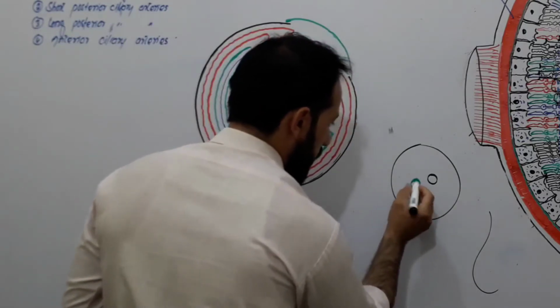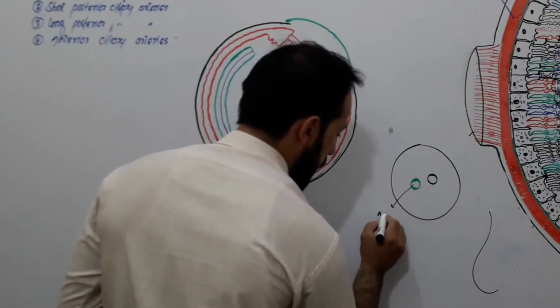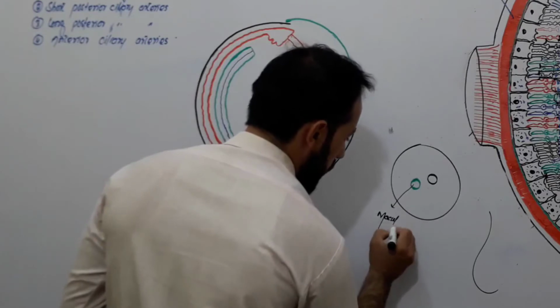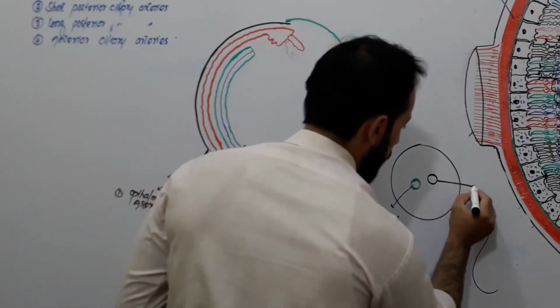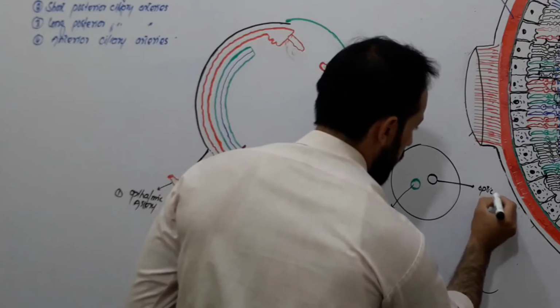This is called the macula lutea, and this point is called the optic disc.